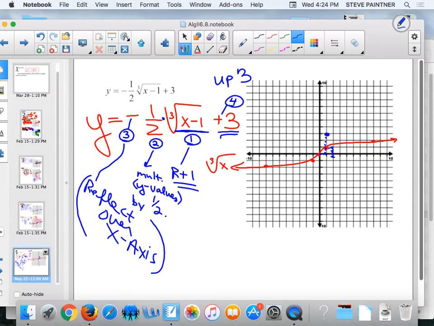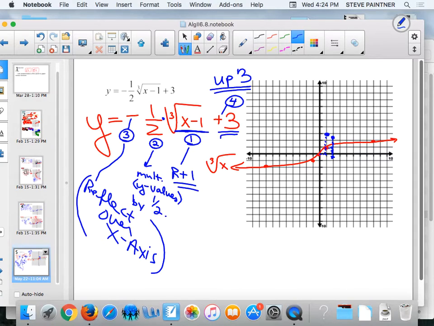Last thing is up 3. So 1/2 a unit down, you would climb, climb, climb, and you would end up about right here at 2.5. That's very difficult what I just did, I think.